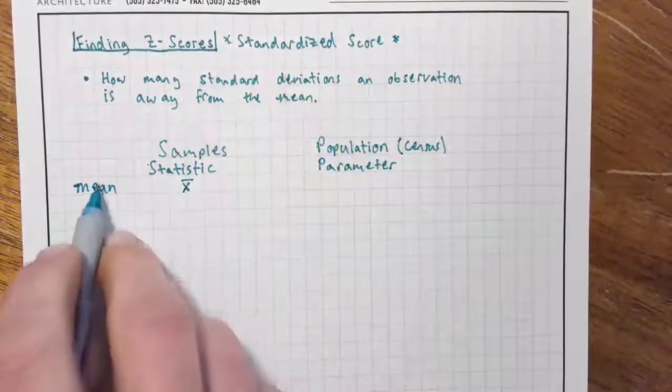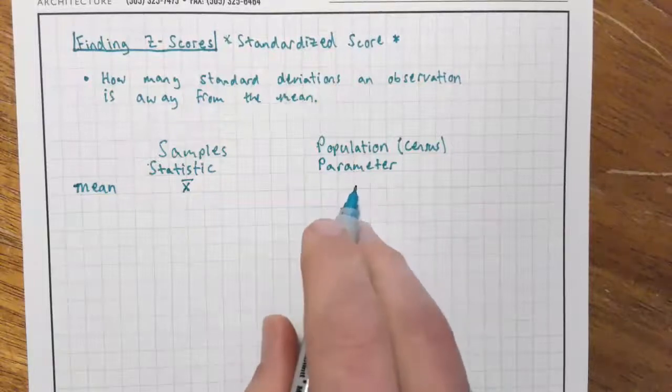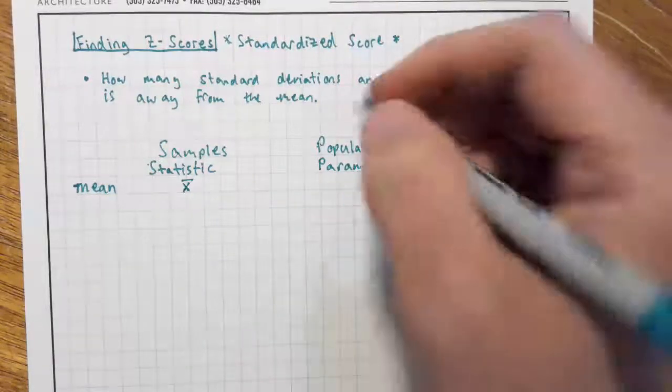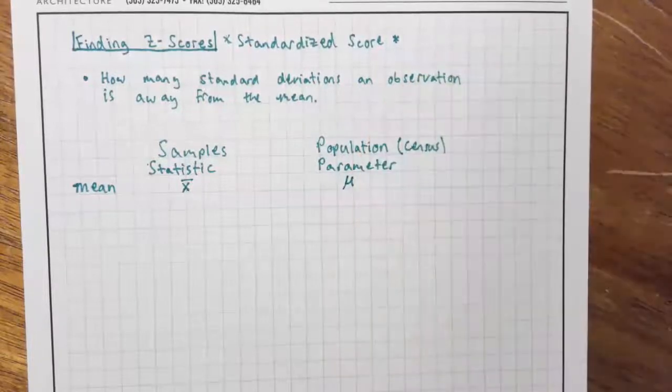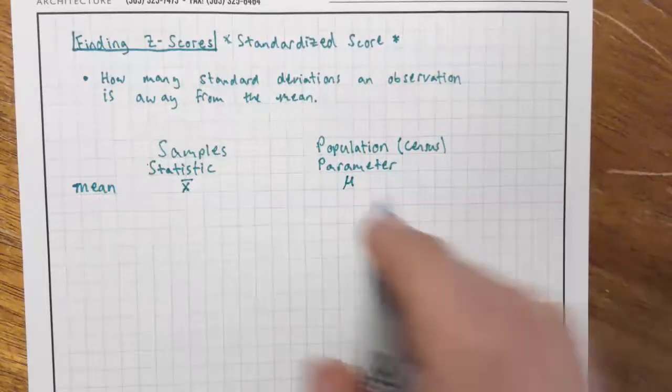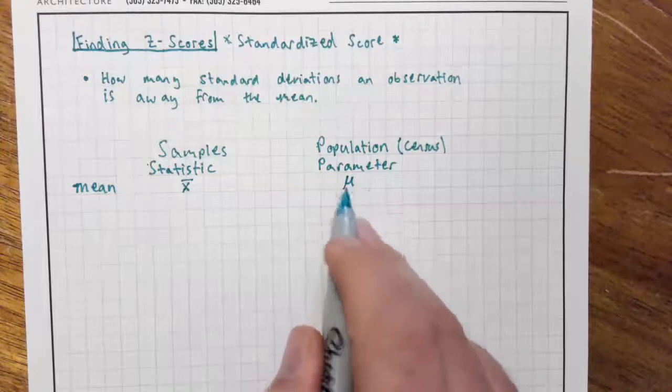That's the notation for the mean of a statistic. Now for a parameter, and this is something you're going to see very often, it's the Greek letter mu. It looks like a really fancy N and U combined, mu. Anytime you see this symbol, it literally means the mean.